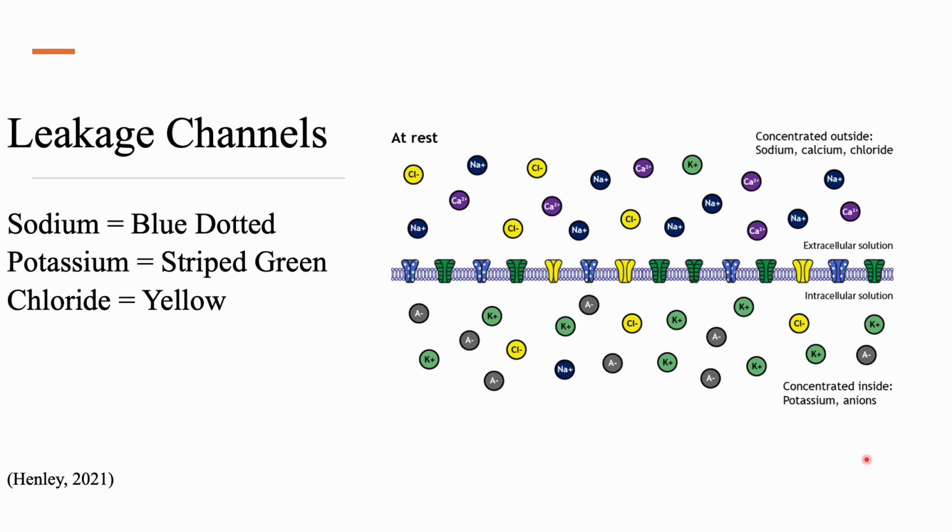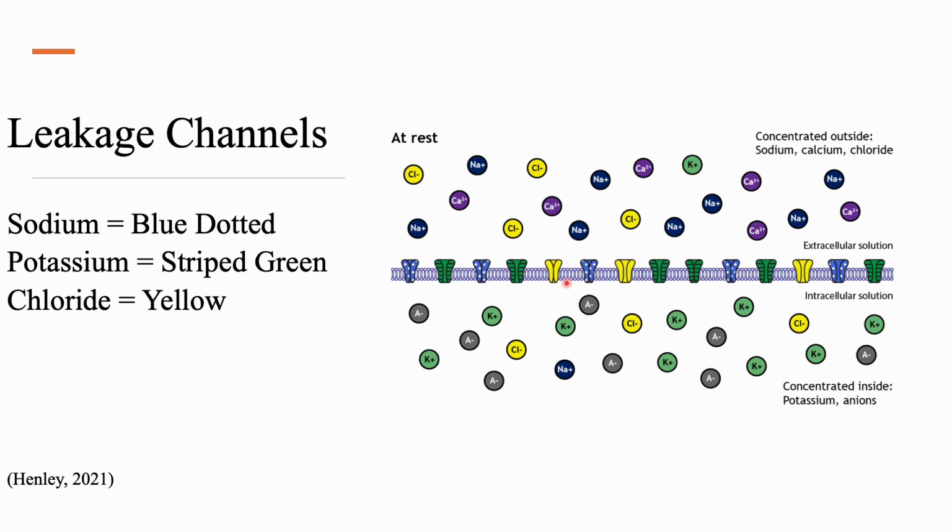I wanted to take a step back and talk about leakage channels, which I brought up in the last slide. If you notice here along the lipid bilayer, there are a variety of color-coded ion channels. The blue dotted channels are sodium leak channels. The potassium is striped green, and the chloride is yellow.